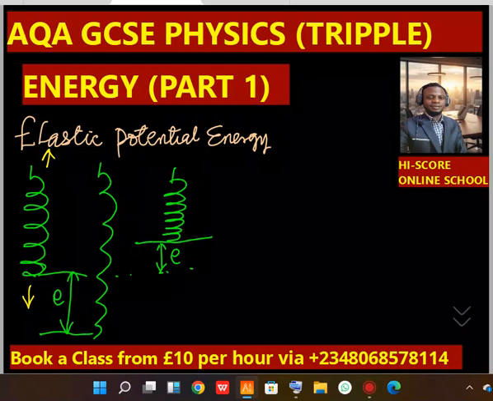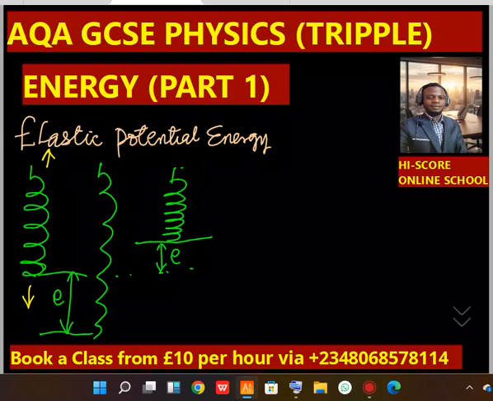And if any of this is released, it has the potential of doing some work on anybody it meets. So the amount of work done depends on the extension made as well as the force of either compression or extension.